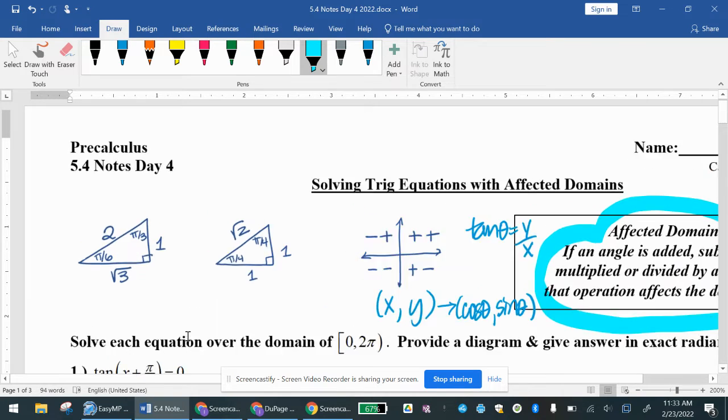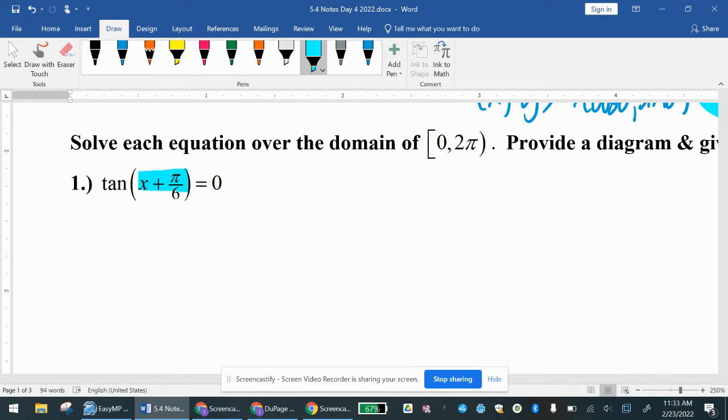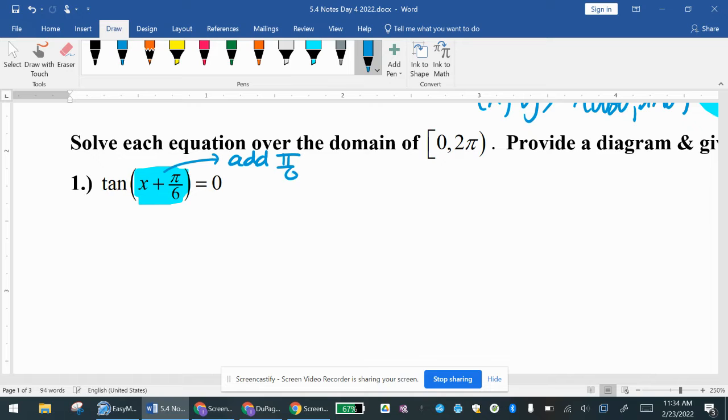However, if you look at the problem closely, okay, the angle inside is being added with pi over 6. So what that means is that you're going to have to adjust your domain accordingly. So you're going to have to add pi over 6 to the domain.